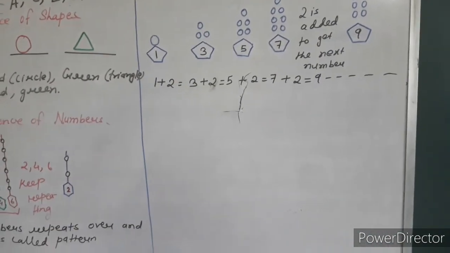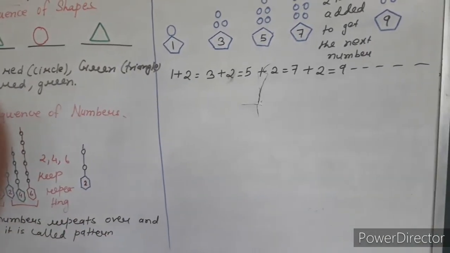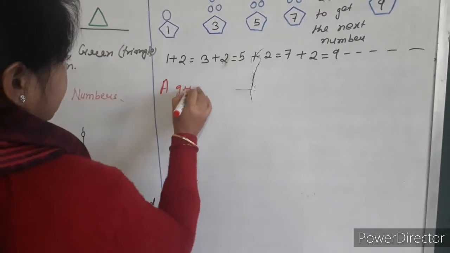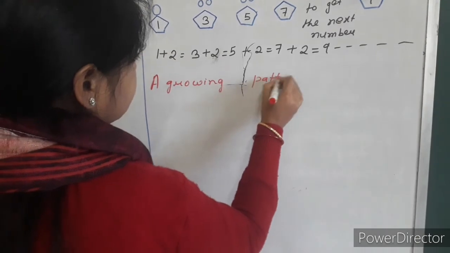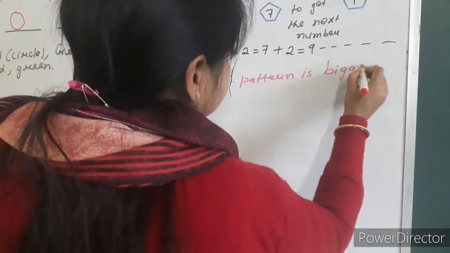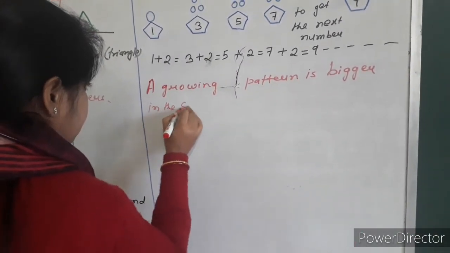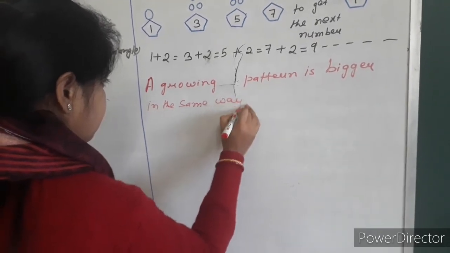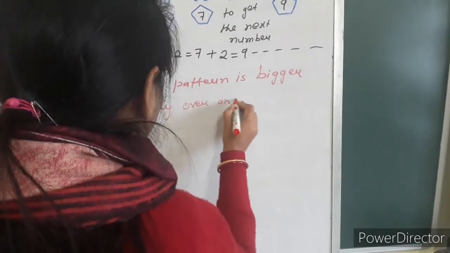Okay. So if all of you understand, then you can write here: a growing pattern is bigger in the same way over and over again.